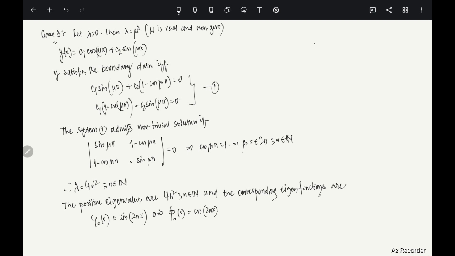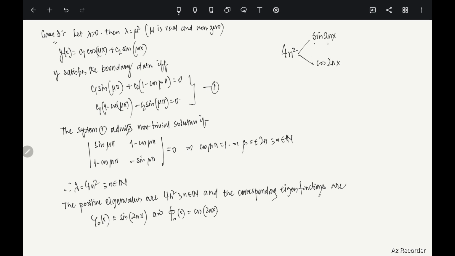Yes. You see, the motivation behind giving you this particular example is the following. In this example, what we have seen is this: let's say 4n square is an eigenvalue for some n, whatever it is, 5, 10, whatever. Now you get two eigenfunctions, sine of 2nx and cosine of 2nx.